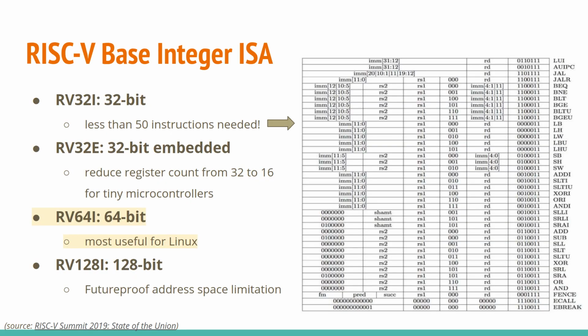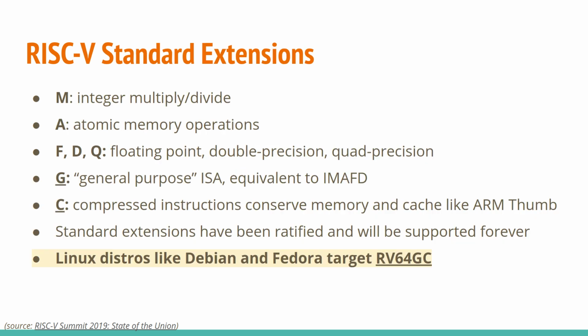So sometimes when I give this talk, I go a lot into the basics of RISC-V, and since this is already a RISC-V meetup, I'm only going to focus on the parts that are kind of important for Linux. So with RISC-V, we have 4 base integer ISAs, and RV64 is the 64-bit one, and this is going to be most interesting for Linux.